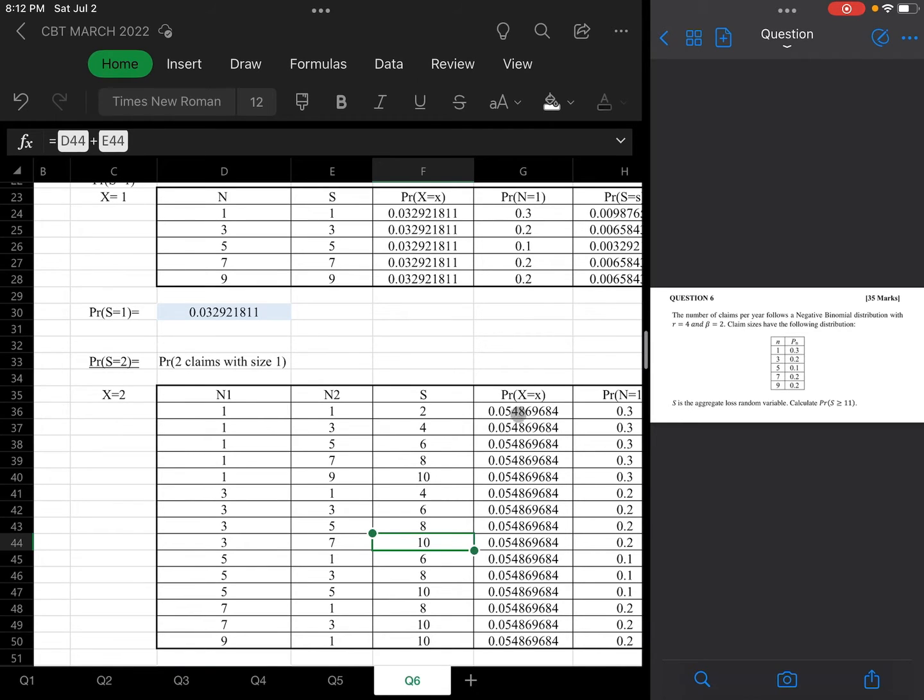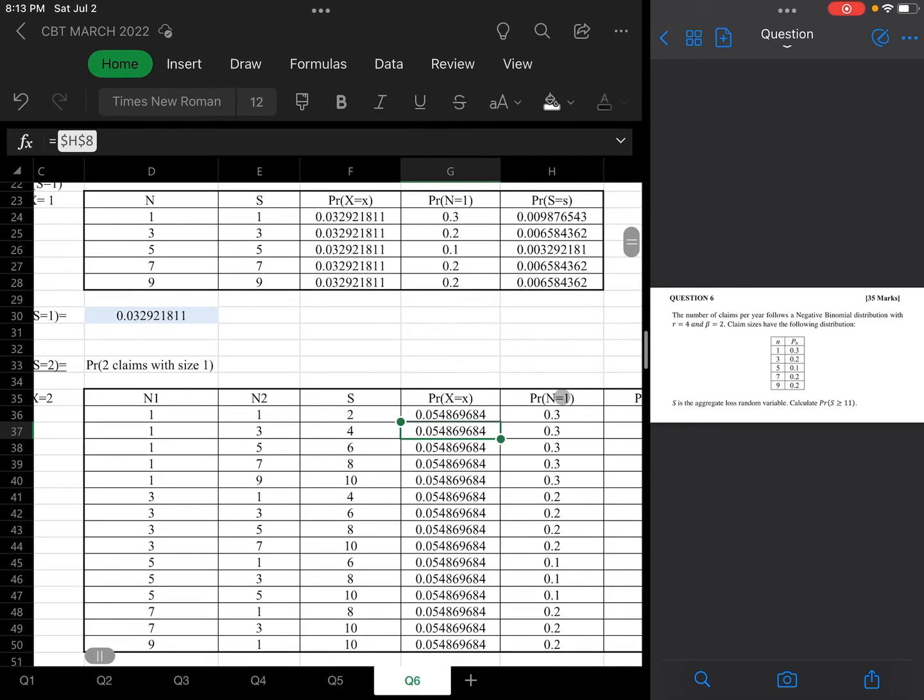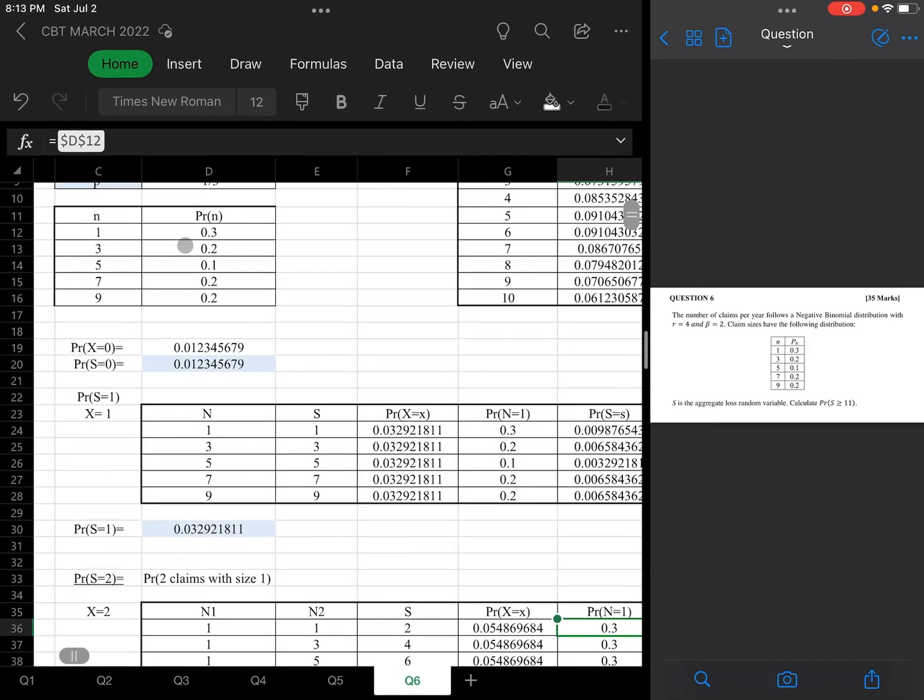The probability of x equals x here is the probability of x equals 2. And the next column states the probability of n equals 1, which is basically the probabilities of the values here. When n1 is equal to 1, the probability is 0.3, which is in this table. We can follow this table to write the probability of n.